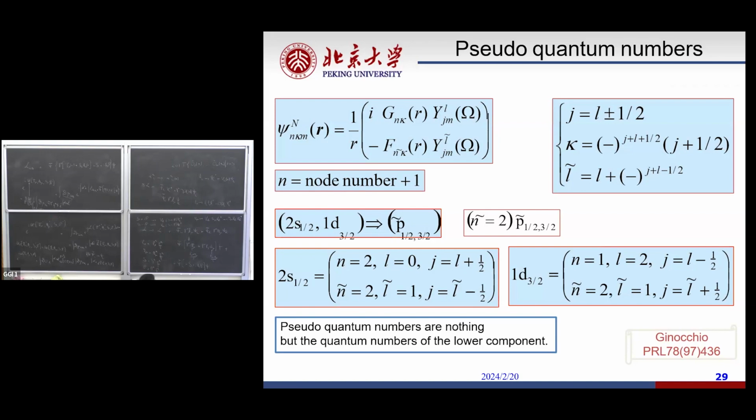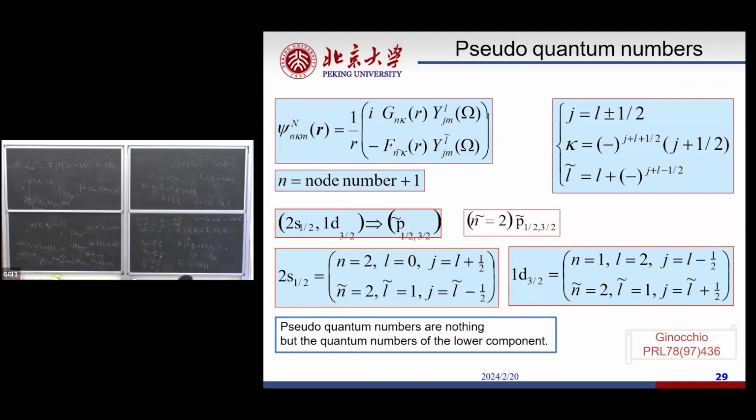For the angular part, we have l for the orbital angular momentum of the up components, and l tilde for the low components. And then this is the relation.